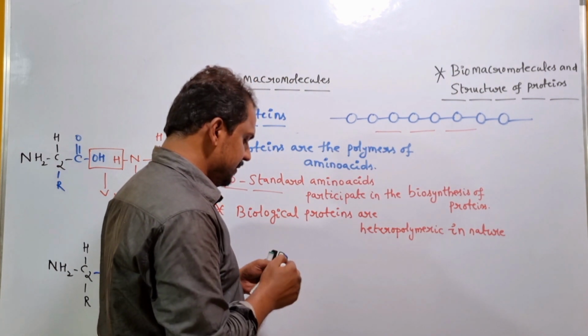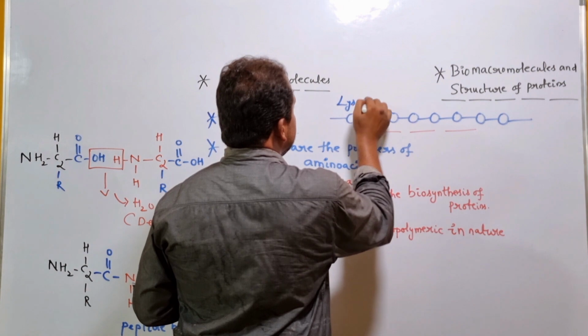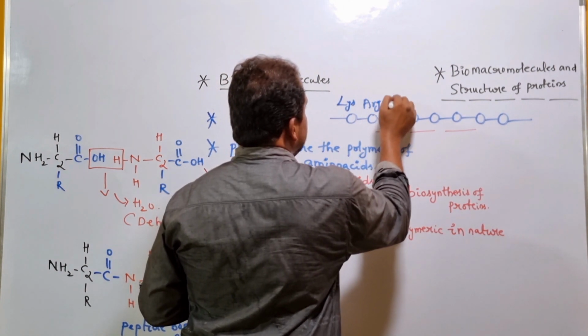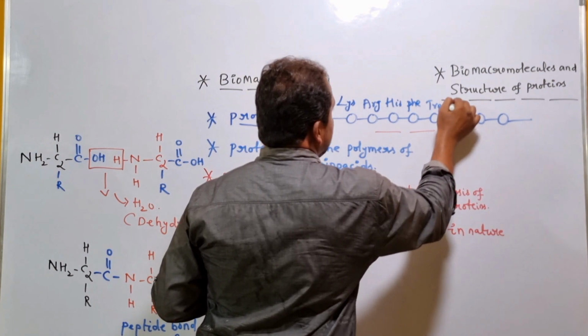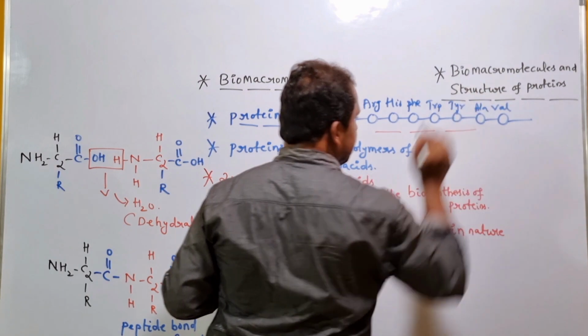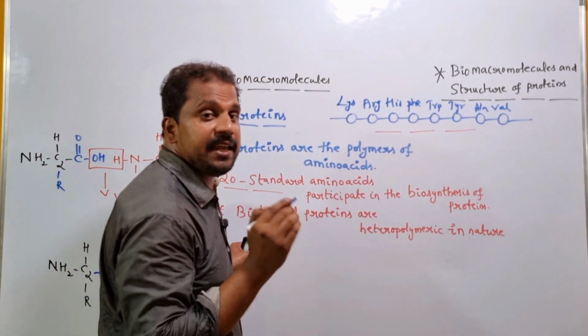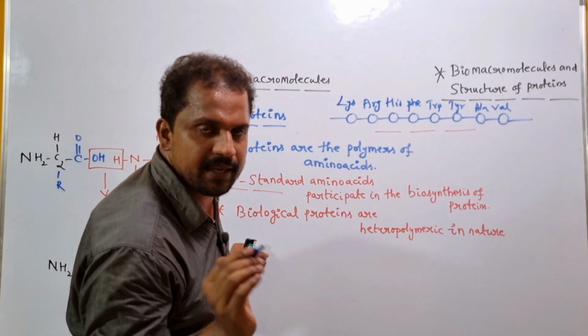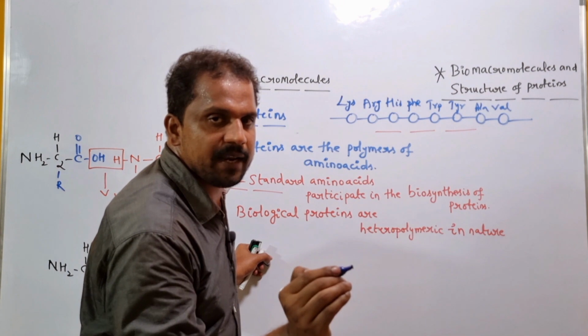Let us assume some of the amino acids like lysine, arginine, histidine, phenylalanine, tryptophan, tyrosine, alanine, valine. So one specific biological protein contains many different amino acids. Never does one specific biological protein contain all similar amino acids.